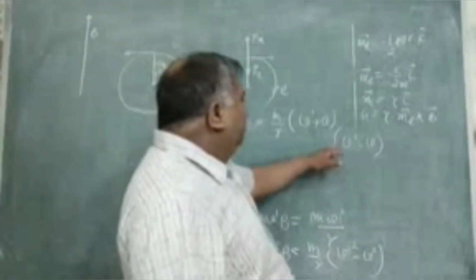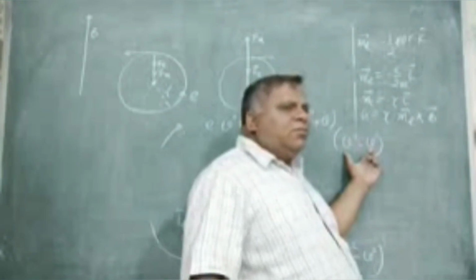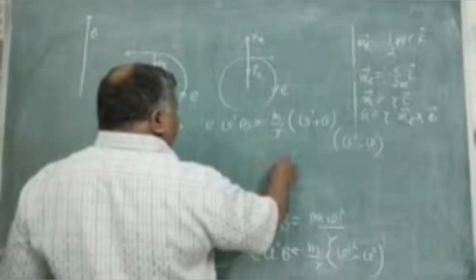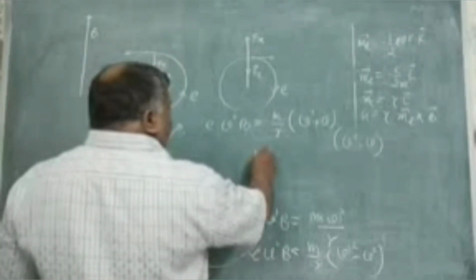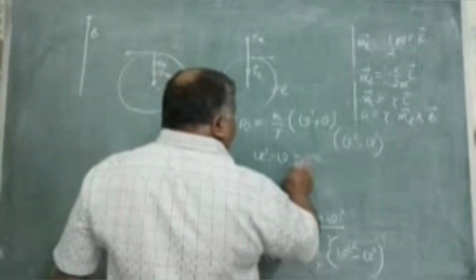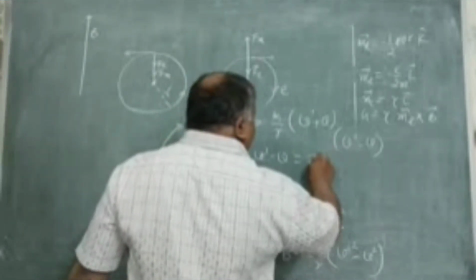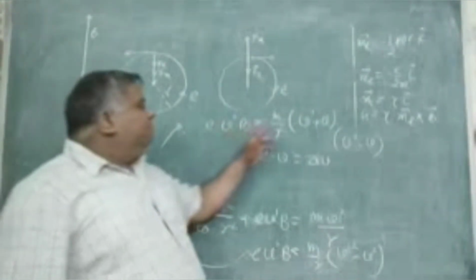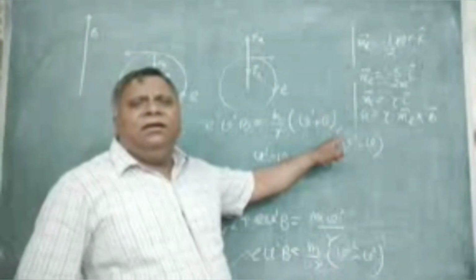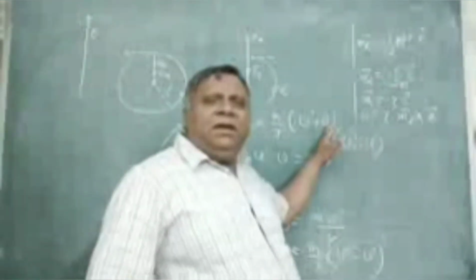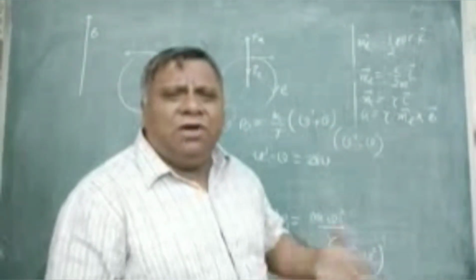V dash minus V is a small quantity, generally small, let it be represented as delta V. Since V dash is slightly different than V, we can take these two velocities as equal.